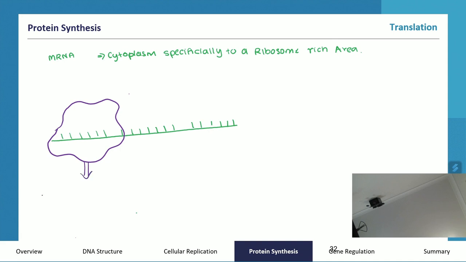And the mRNA strand is read in groups of 3 called codons, by structures called tRNA.